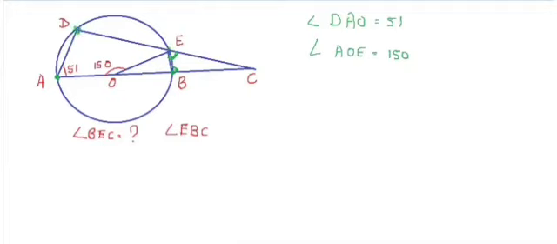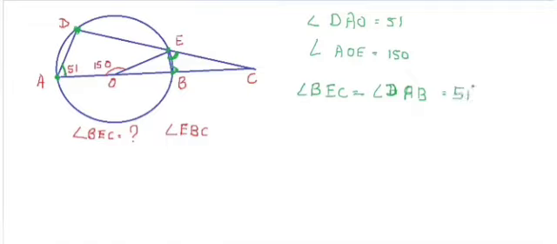If this is a cyclic quadrilateral, this exterior angle will be equal to the opposite interior angle. So from here I can write angle BEC is equal to angle DAB, which is 51 degrees.